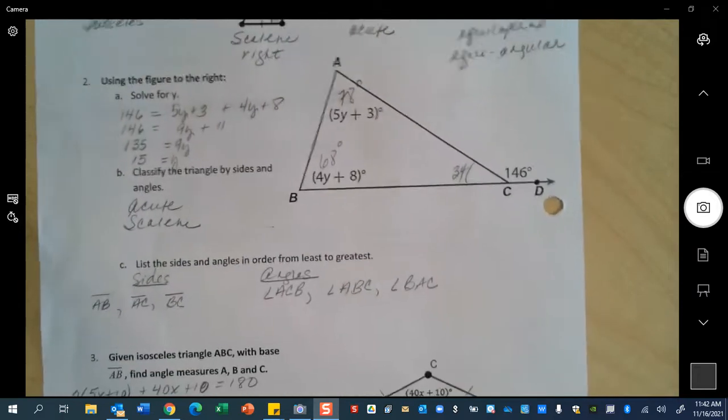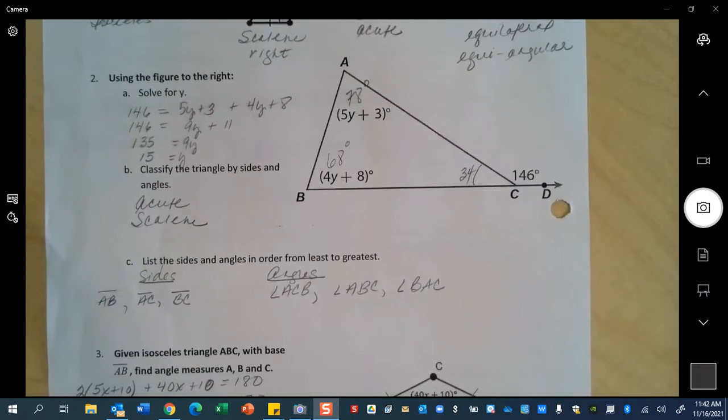For number 2, when I solve for y, I know that 146 is my exterior angle, so these two have to add together to be equal to 146. And that's how I get y has a value of 15. Now, some people prefer to just take the long way.